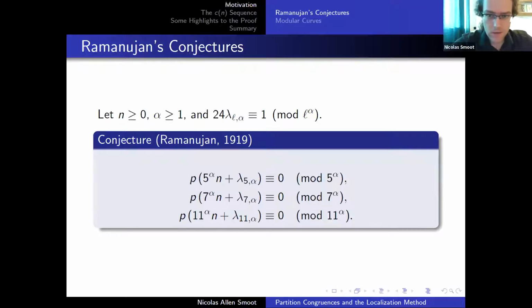Ramanujan got the first few cases, p of 5n plus 4, 7n plus 5, 11n plus 6, and then he was able to guess these infinite families of congruences, which are very remarkable the more you look at them. And they're not exactly true. The powers of 5 and 11 are exactly true, but the powers of 7 are even more interesting.